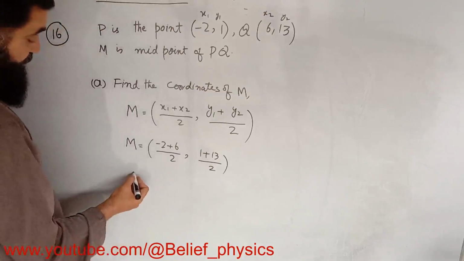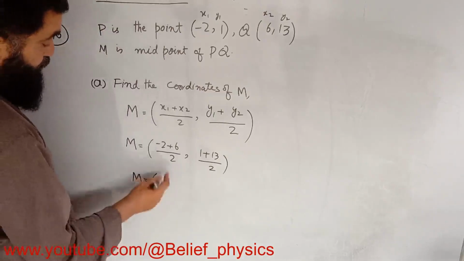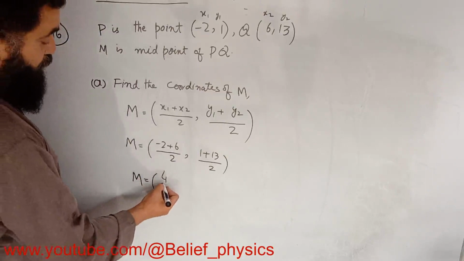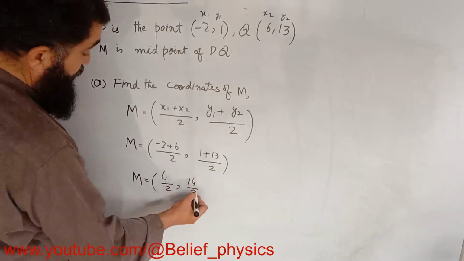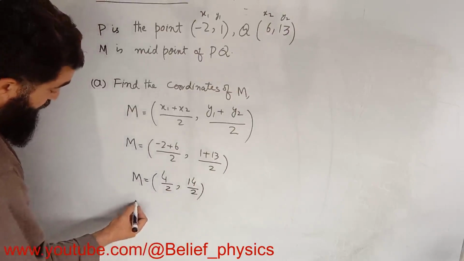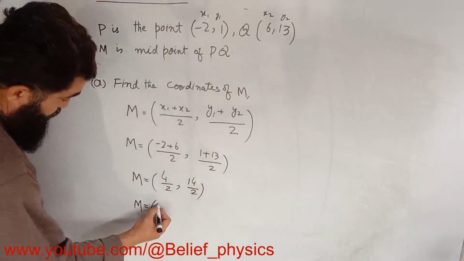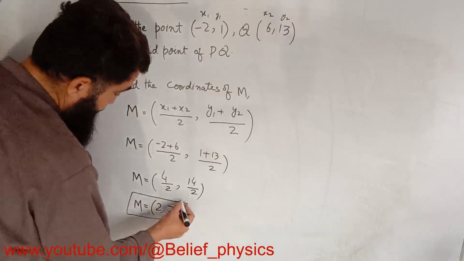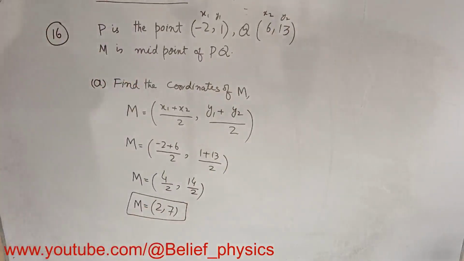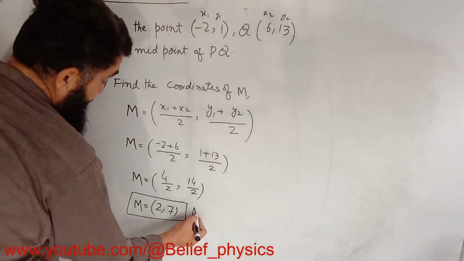So the midpoint will be equal to (4 over 2, 14 over 2). Therefore the midpoint will be equal to (2, 7). That's it. So this is the midpoint of line PQ, which comes out to be (2, 7). That's the answer of part A.